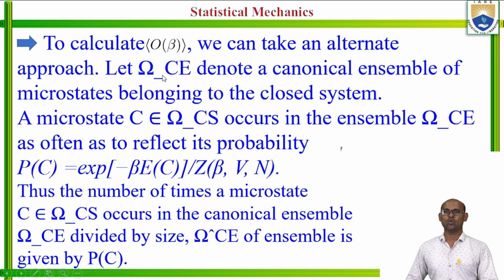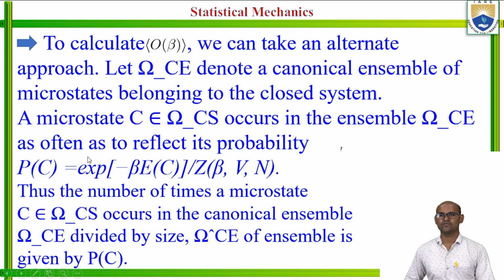Let omega Ce denote a canonical ensemble of microstates belonging to the closed system. So now we are going to calculate this macroscopic property by constructing an ensemble corresponding to this closed system. A microstate C belonging to this closed system occurs in the canonical ensemble as often as to reflect its probability.